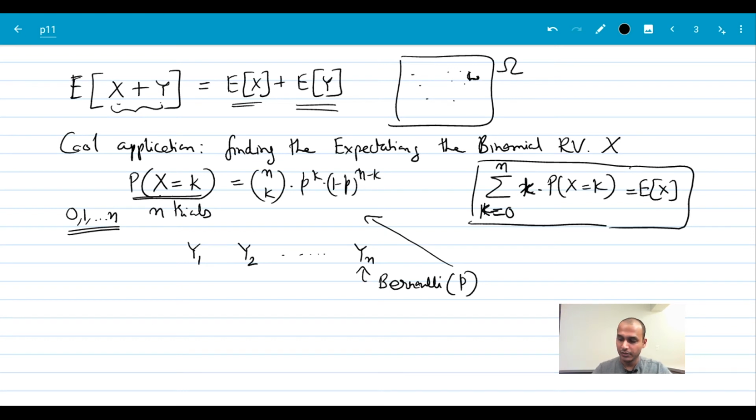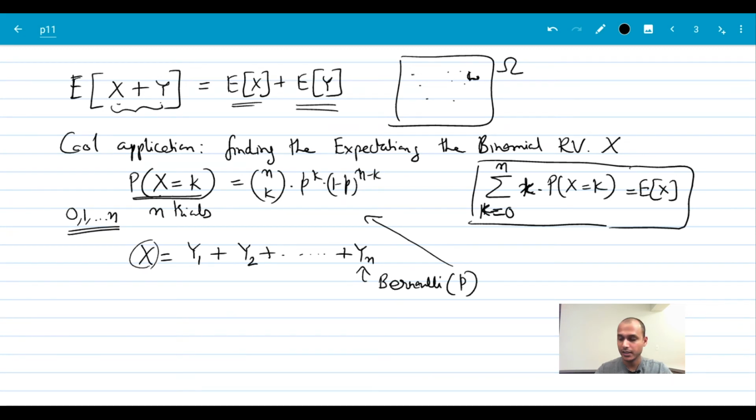Now, if you think about it a little bit, this random variable X is nothing but the sum of these random variables. If I land a head in the first trial, and a head in the second trial, then these two values will be 1, and if I have tails in the remaining trials, then those random variables will take value 0, for example. So all sorts of sequences are possible, and that's what this random variable is defined on.